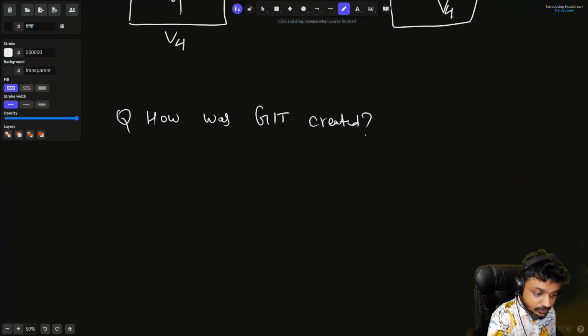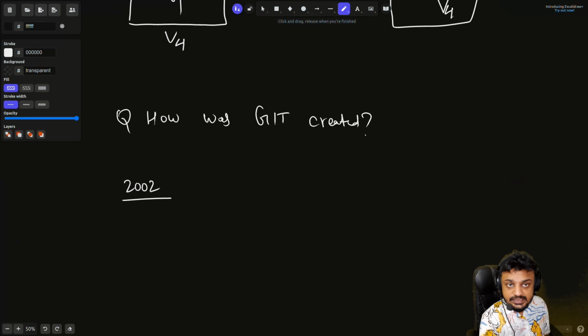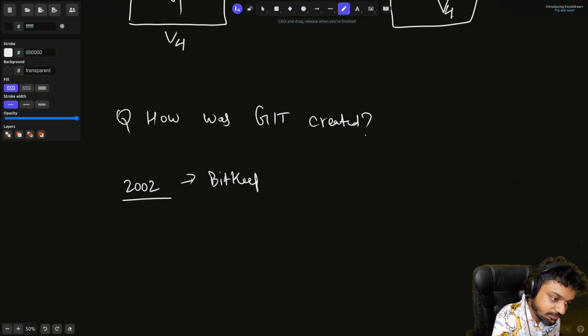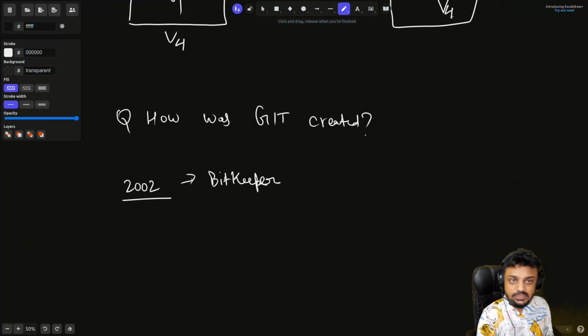Now in 2002, the Linux community started using a distributed VCS known as Bitkeeper. It was a commercialized distributed version control system.